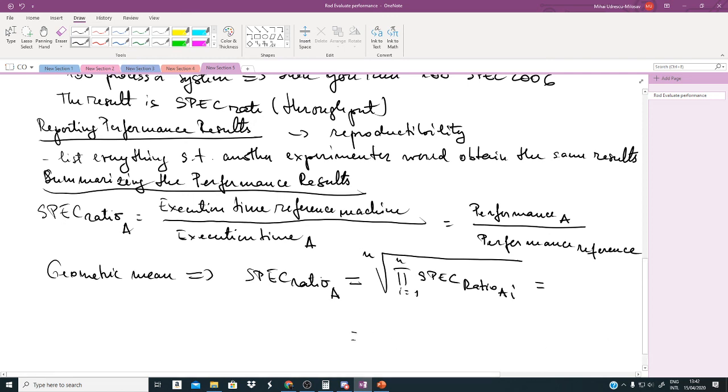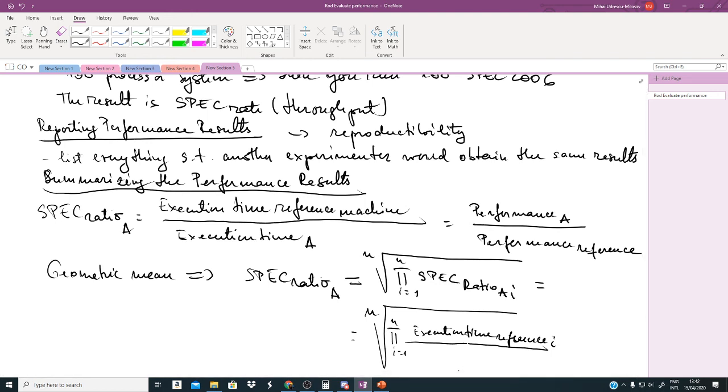And with this I'll finish. It is the same thing as the execution time of the reference machine for program i, which means the execution time program i will require when running on the reference machine, divided by the execution time required by machine A when running program i.